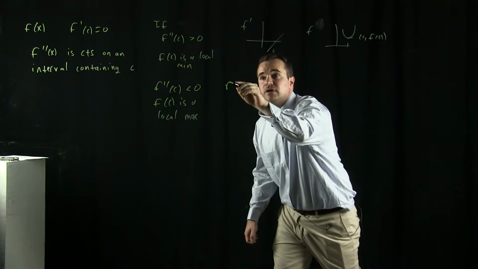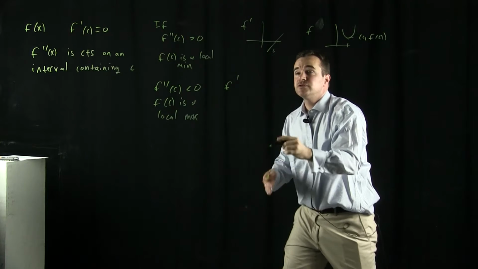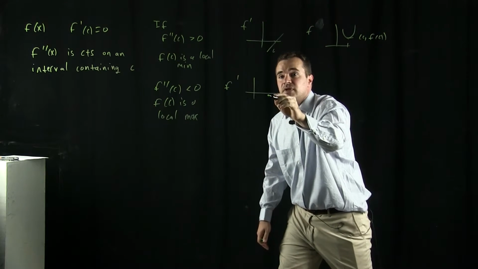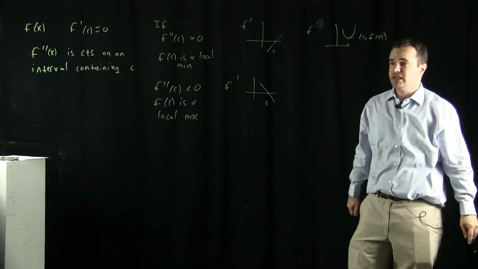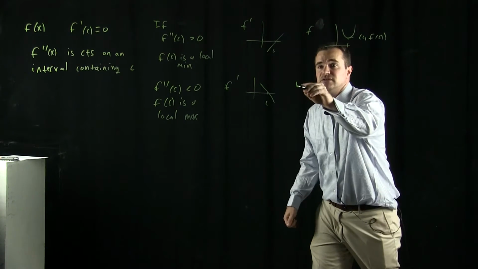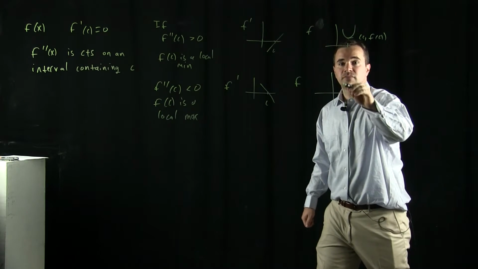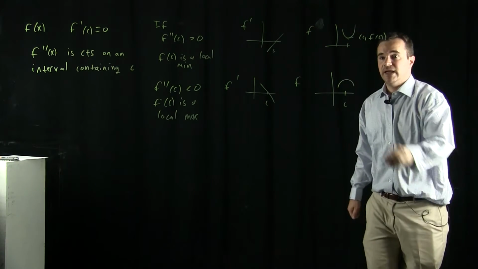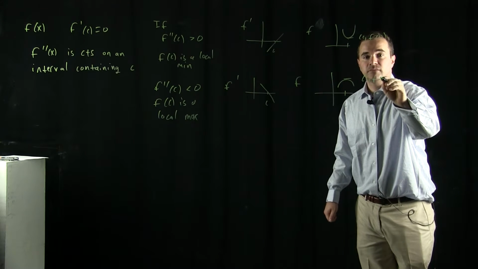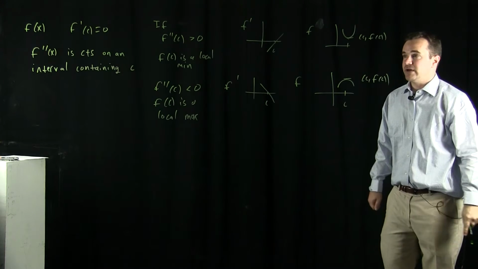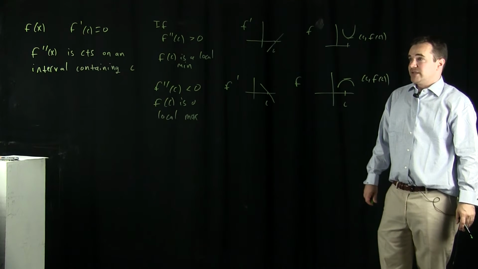To trace through the argument, if the second derivative is negative, then the first derivative has to be decreasing. So you're now switching from positive to negative, from increasing to decreasing. If I draw a schematic picture of f, it now looks like that, and this point f of c is now seen to be a local maximum.